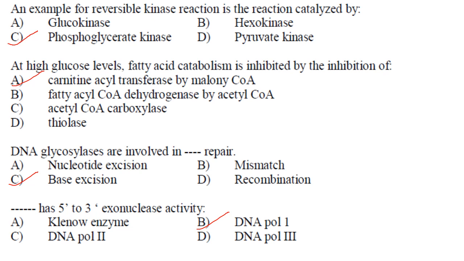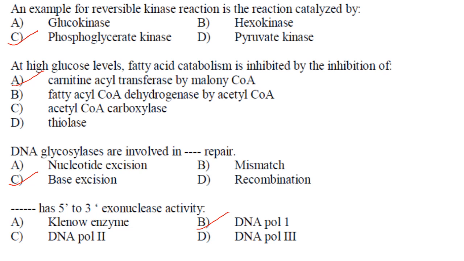So at high glucose levels, fatty acid catabolism is inhibited by malonyl CoA by inhibiting carnitine acyl transferase. This inhibition causes a decrease in the transport of long chain fatty acids into muscle and heart mitochondria, decreasing fatty acid oxidation in heart and muscle. So answer is option A.